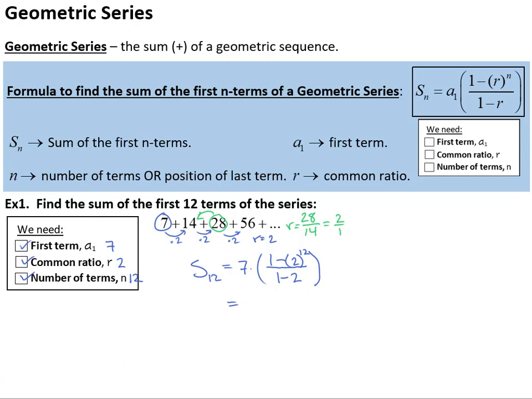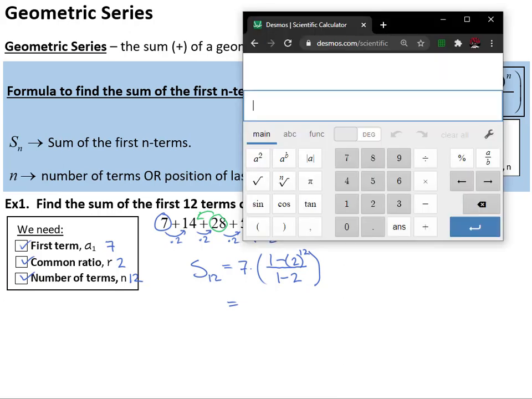Okay, so now I'm going to pull up a calculator for our purposes. I'll pull up the Desmos Calculator. Okay, so here is the Desmos Calculator. The first thing we're going to type in is that 7 in front, and we're going to press times, and then we're going to start some parentheses. Now to build this fraction, there's a fraction key right here, a over b.